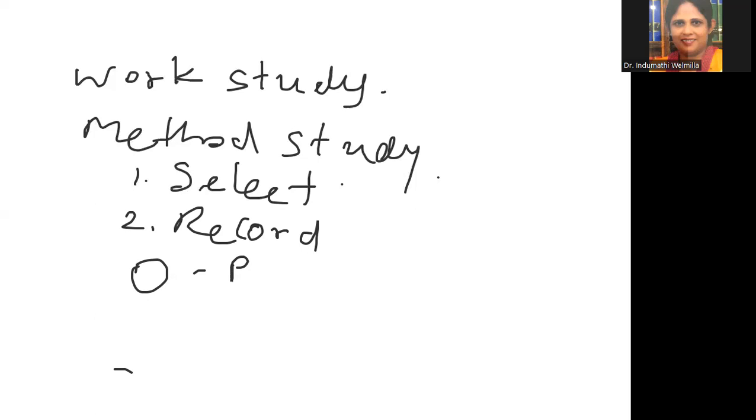Among those, the circle symbol is the most important one. It means operation, right? When an operation is performed, the part, material, product or document is modified or changed.